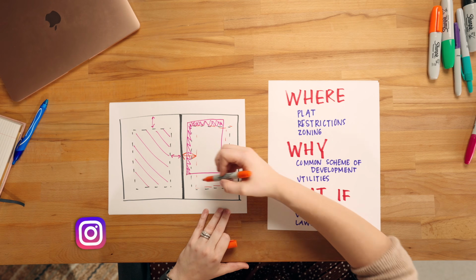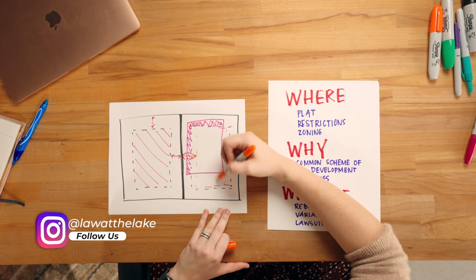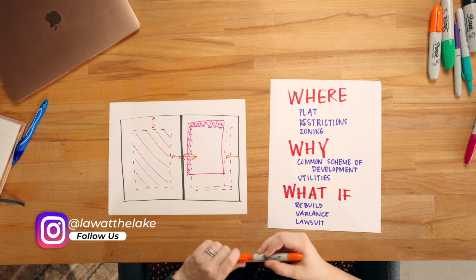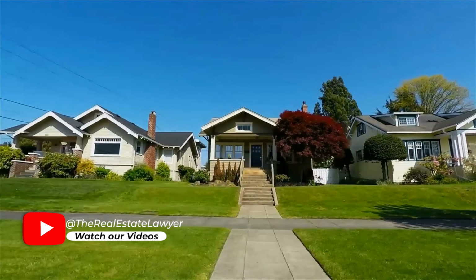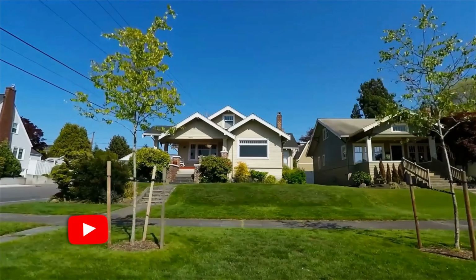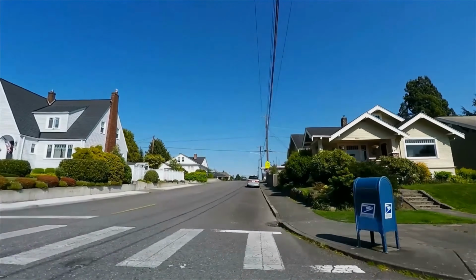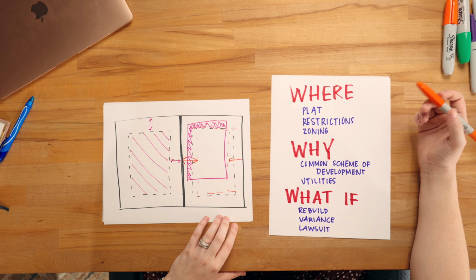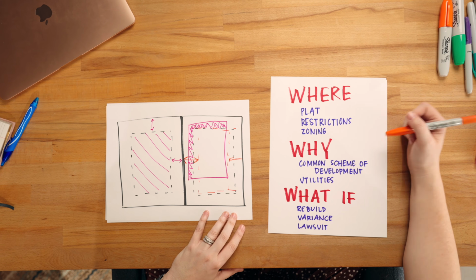So you would have less area in which to build than even the zoning said. Depending on if you have an HOA or however your restrictions were set up, you may be asking all of your neighbors for permission to have built within those setbacks so that you don't have a restriction violation going forward. So those are the different places, plat, restrictions and zoning, where you can find your setbacks.